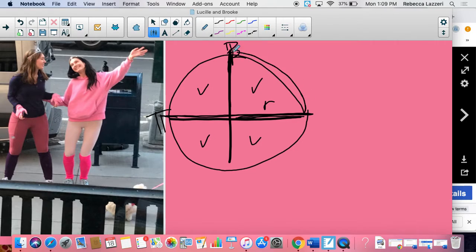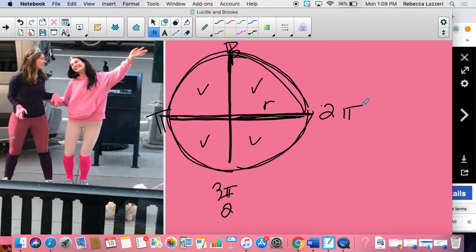It's worth 90 degrees, or in radians, pi over 2. So this is 1 pi over 2, then 2 pi over 2. 270 we call 3 pi over 2. And 4 pi over 2 is 2 pi, which makes sense based on what we learned: all the way around is 2 pi.